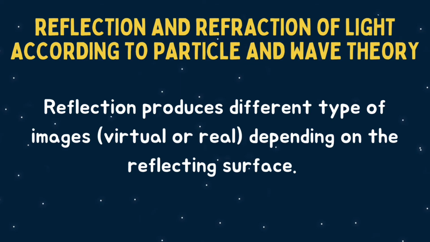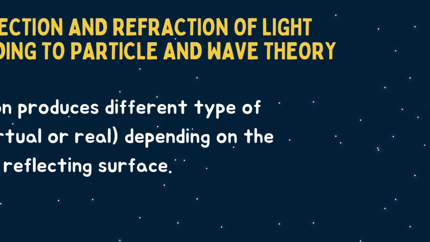Habang ang virtual image ay nabuo ng isang sinag na liwanag ay nagkakaiba pagkatapos ng reflection and refraction. And a real image appears on the screen as against a virtual image na hindi kailanman nag-a-appear on the screen.